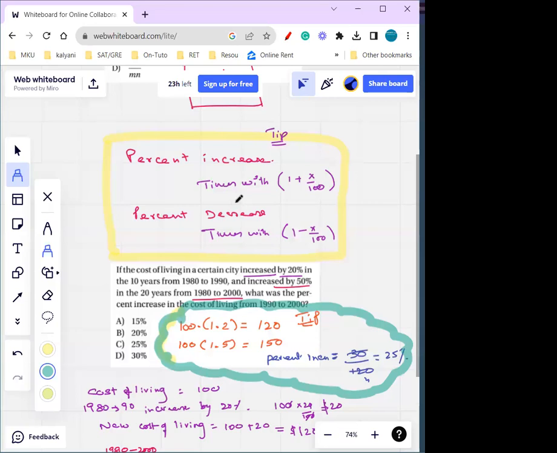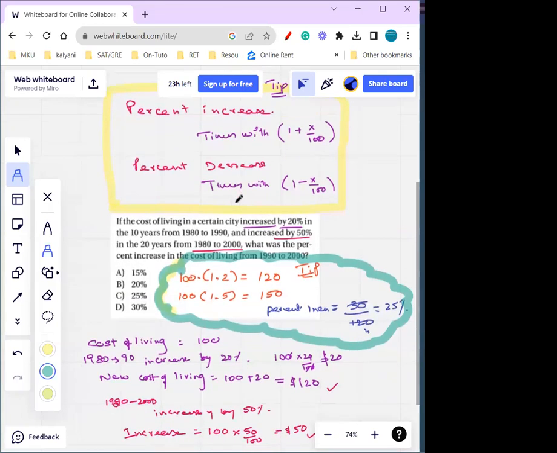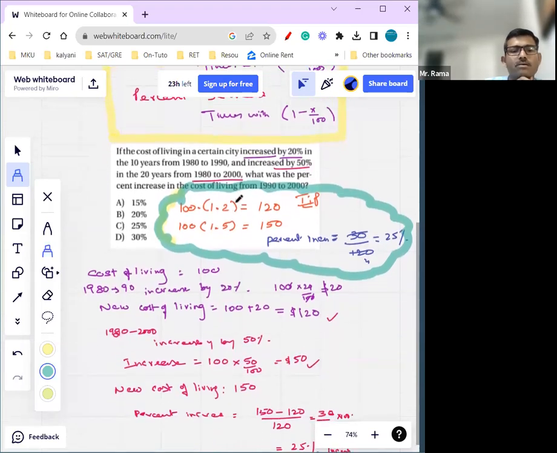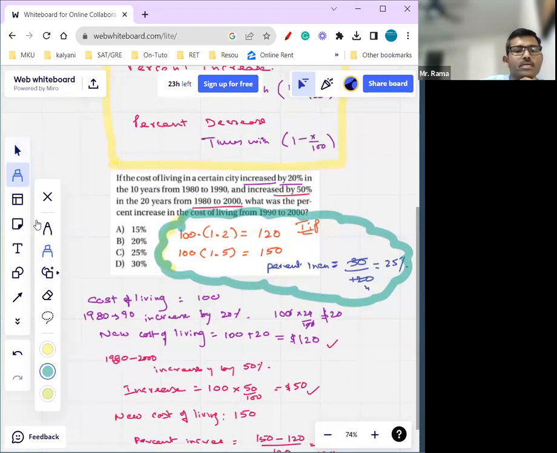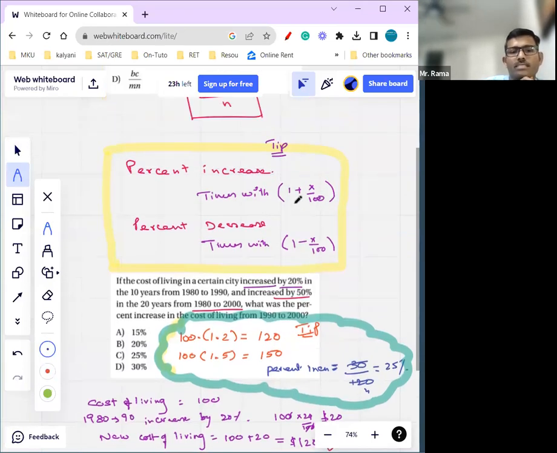Wait, so how'd you get 1.2? Okay, so this is how I got 1.2. According to the formula, you see this is 1 plus x over 100, right? So x is 20% increase, so 20 over 100. So 20 over 100 is what? 2 over 10, which is 0.2.